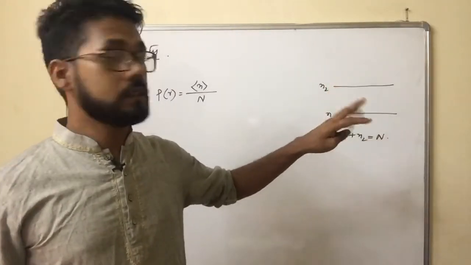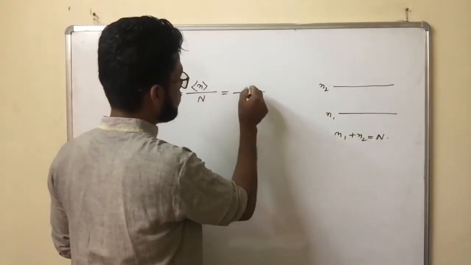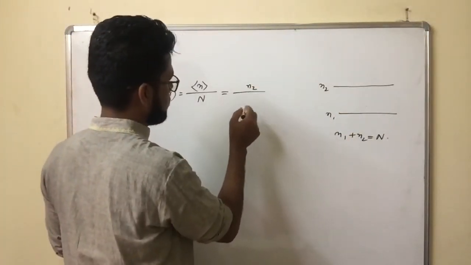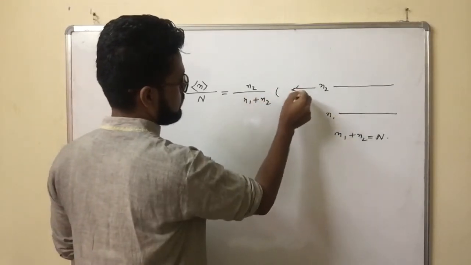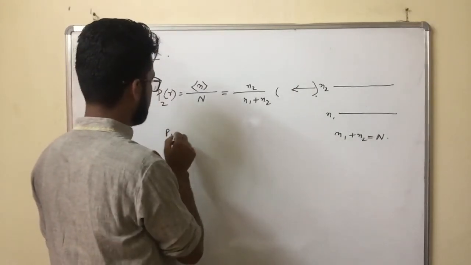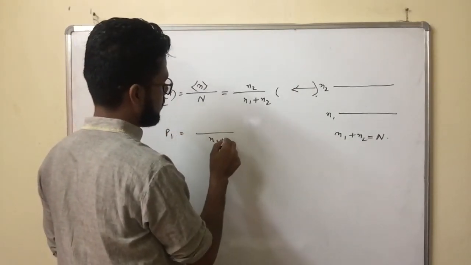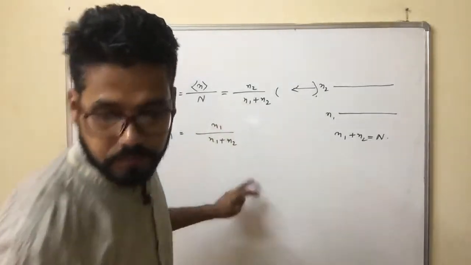Then what is the probability of finding a particle in the n2 state? It is very simple: in the n2 state it is n2 over n1 plus n2. And for the n1 state, P1 is simply n1 over n1 plus n2.